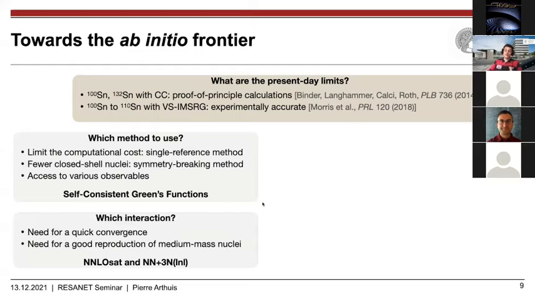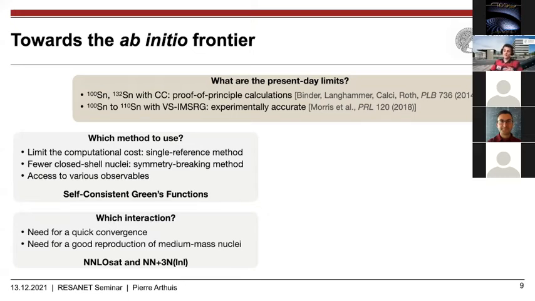If you go far in mass, that means you probably have some issues with model space convergence. So you need Hamiltonians that are good at converging and that have been tested as much as possible on medium mass nuclei, and that already showed good reproduction there, hoping that this would extend to heavier nuclei.